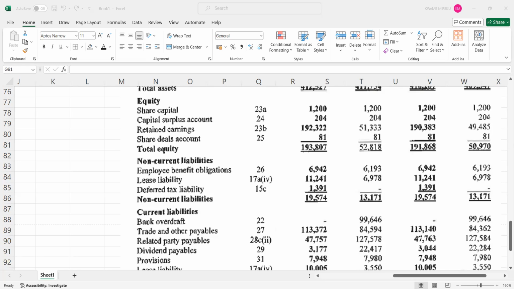But looking at it, I don't think that was the dividend for the period. So let me go to, I think, footnote 29. Probably that'll give me better information.